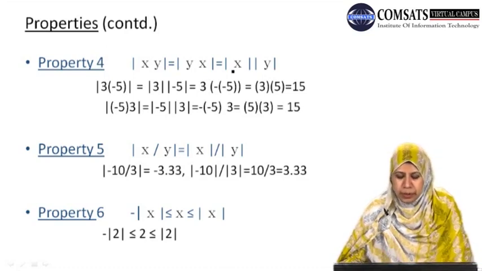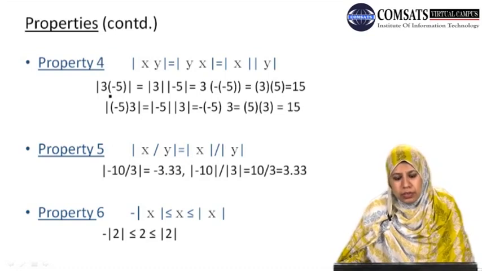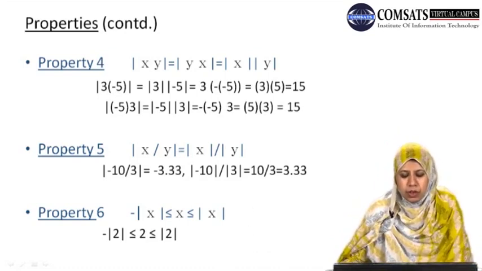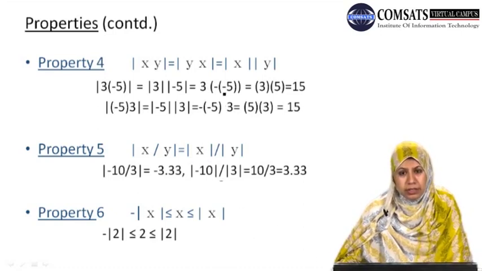For example, if x is 3 and y is minus 5, then solving this we obtain the absolute value of 3 times the absolute value of minus 5, which is 3 times minus of minus 5, which is 3 times 5, equal to 15.